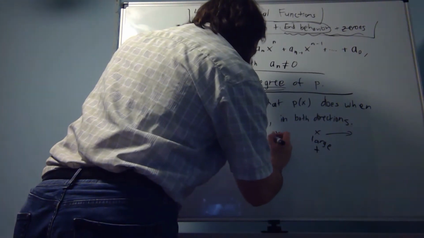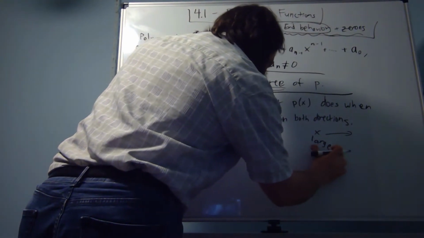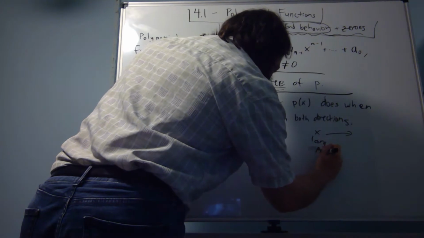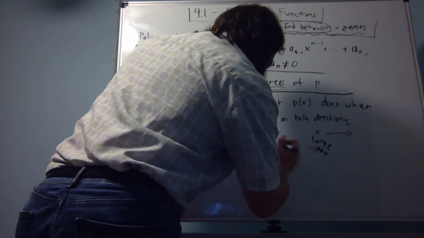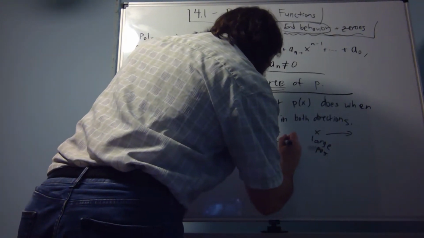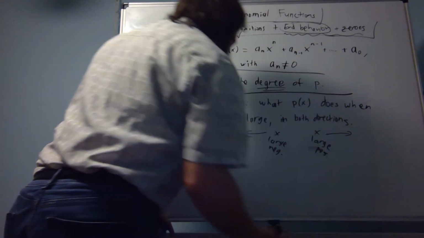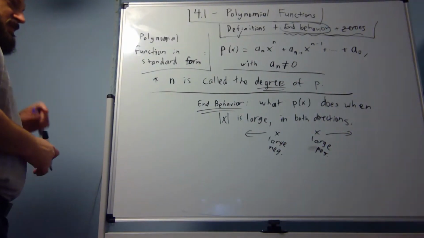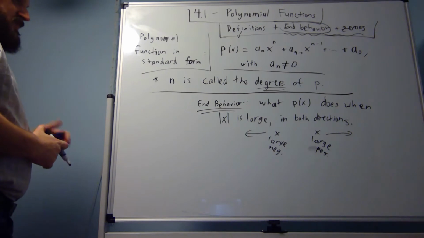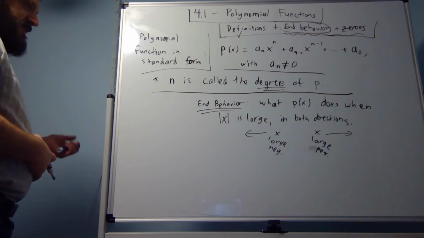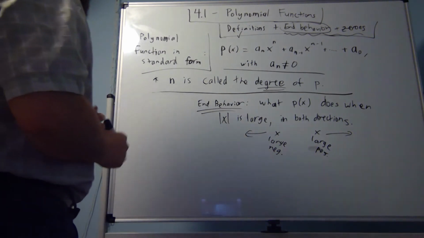And x could also be a large negative number, a negative number whose absolute value is large, like negative 10 billion or something like that.